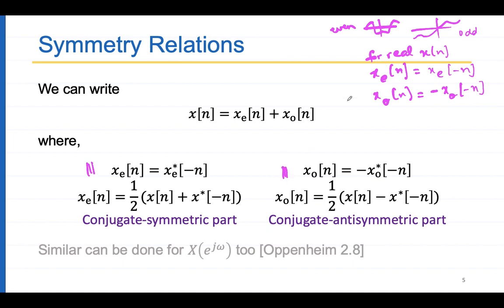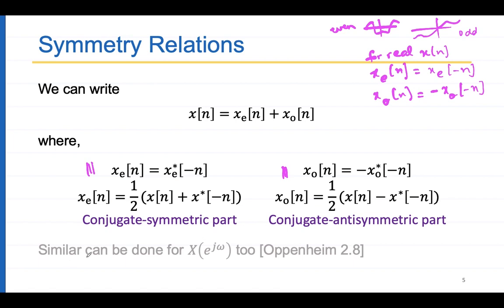They are analogous to even and odd in the real domain. Now, how do I compute x_e[n]? It's very simple: x_e[n] is half of x[n] plus x*[-n]. You can substitute it back and see that this property is satisfied. And x_o[n], the conjugate antisymmetric part, is half of x[n] minus x*[-n]. You can put it back and see that the property is satisfied.